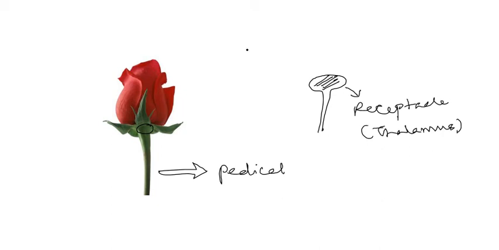Now let's look into a typical flower. Here we have a typical flower. So this is our pedicel, and this is our thalamus or the receptacle that we have.